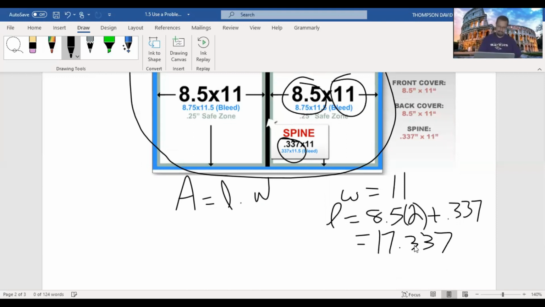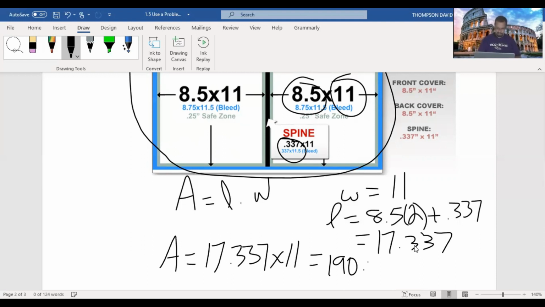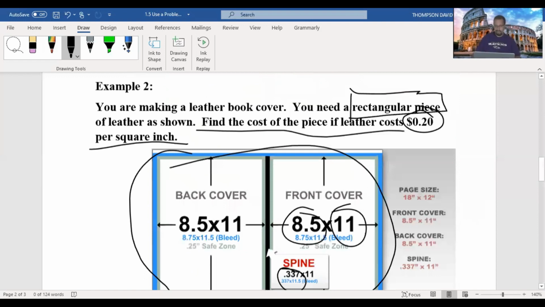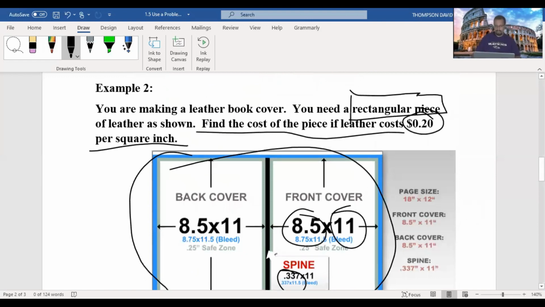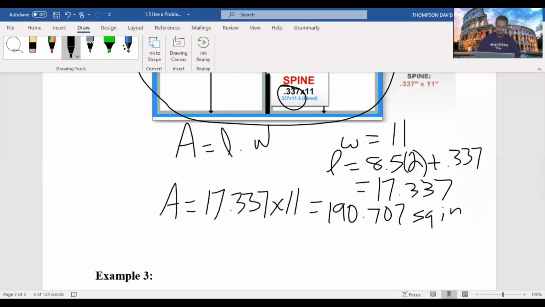So now we can find our area. So we plug everything in. 17.337 times 11. And that gives me an area of 190.707 square inches. But the problem is asking me about how much the leather cost. So to find the price, we need to multiply the 0.20 for the cost of leather by the area.